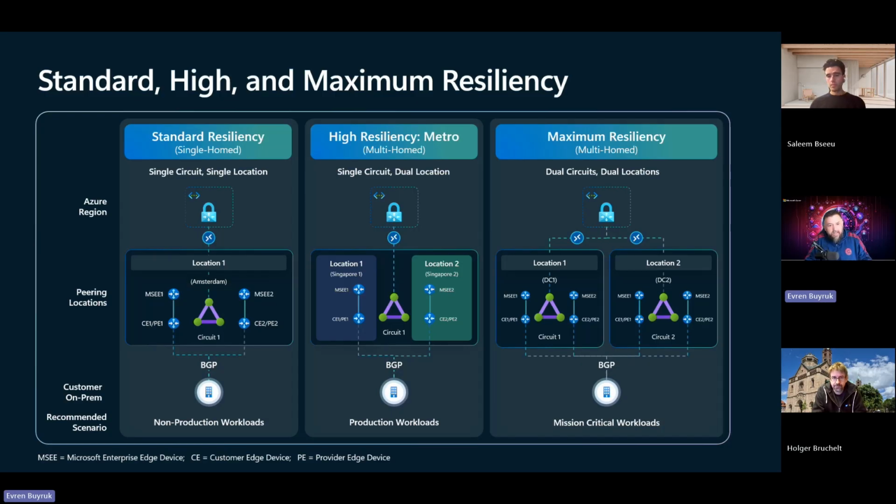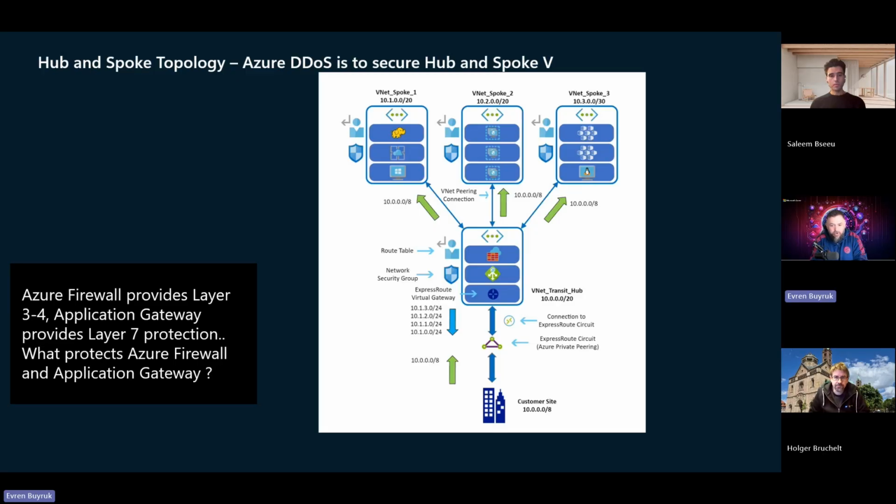And now, before I turn the presentation over to my colleague, Saleem, everything that we talked about so far is to make sure that you're connected to Azure with a dedicated circuit, and you enable the secondary one on a different site so that you achieve your HA, right?